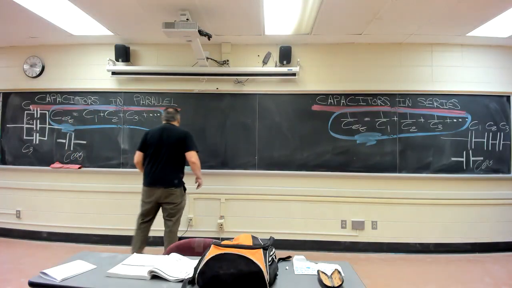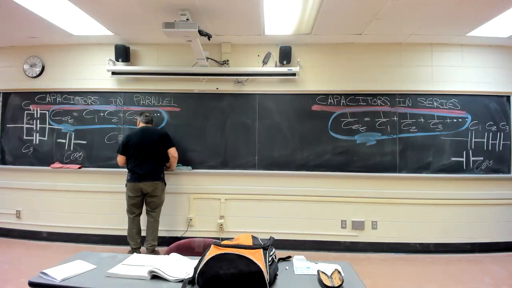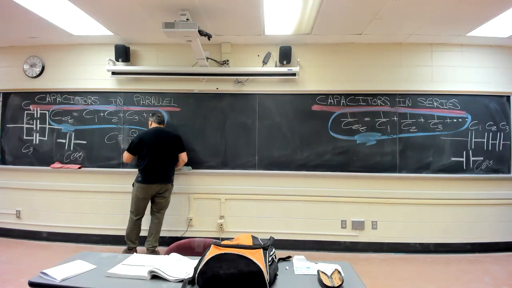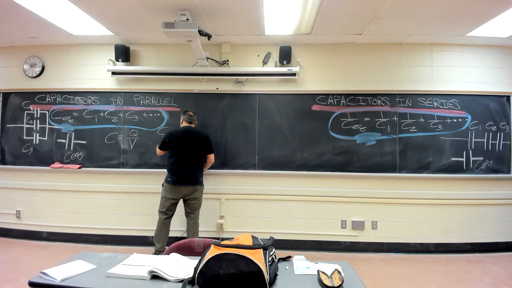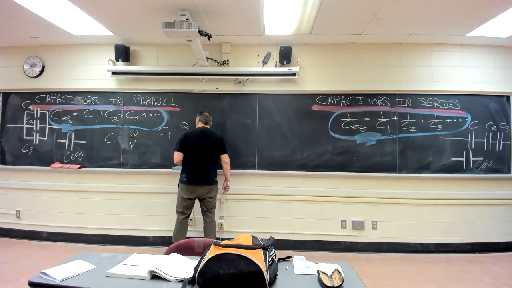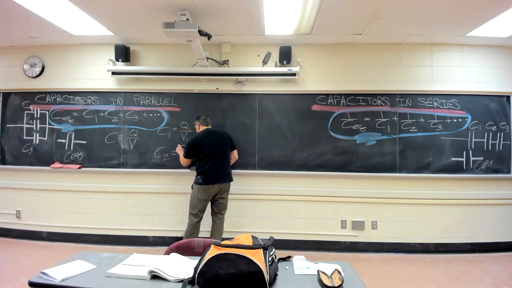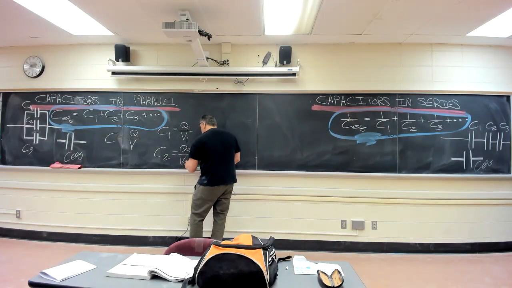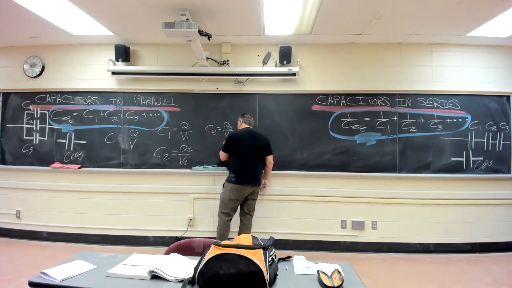If the potential difference is equal, well, let me use V rather than delta V. Don't have to, but let's use that. Do we know that C is Q over V? Yes. We know that C1 is Q1 over V1. C2 is Q2 over V2. C3 is Q3 over V3.